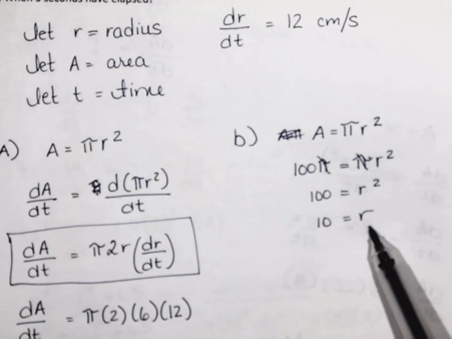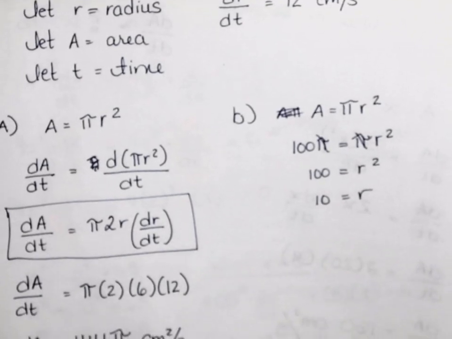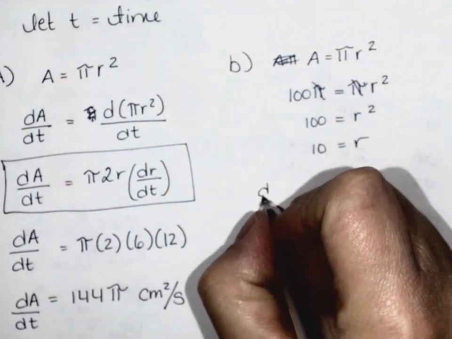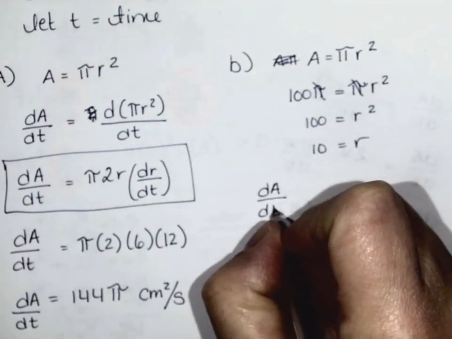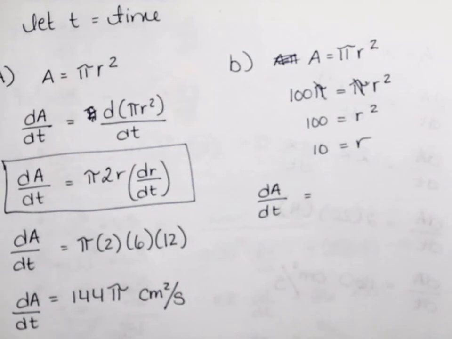So now that I know the radius, I can dump it back into this equation and find the rate. So dA over dt. Wait. Whoa. Okay, so your area equals. Oh, okay. So our area equals 100 pi. I screwed up there big time.